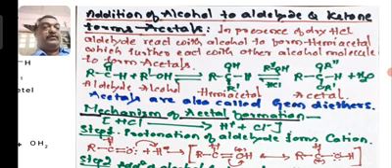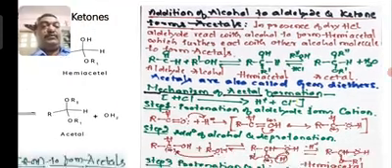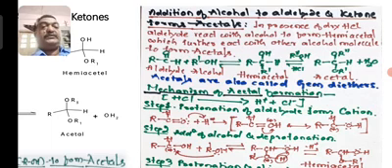A second molecule of alcohol reacts to form RCH(OR')(OR''). It is an acetal. For this mechanism, the first step you have to remember is ionization of the acid, because these addition reactions of alcohols to aldehydes and ketones take place in the presence of an acid. Here the acid like HCl ionizes to H plus and Cl minus.